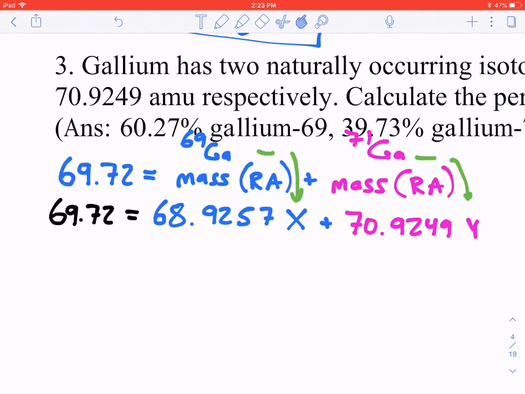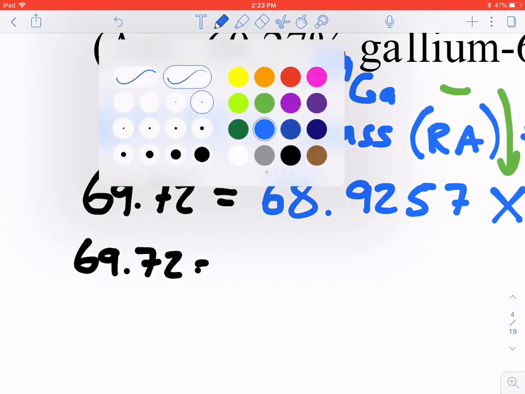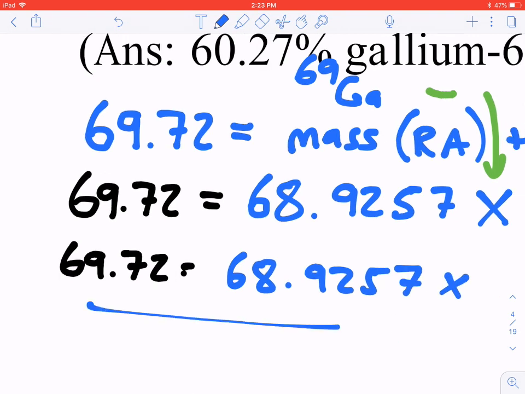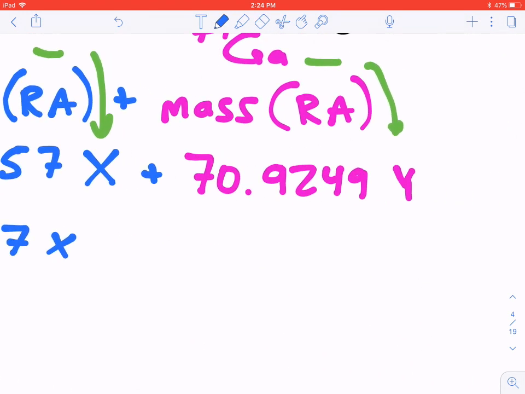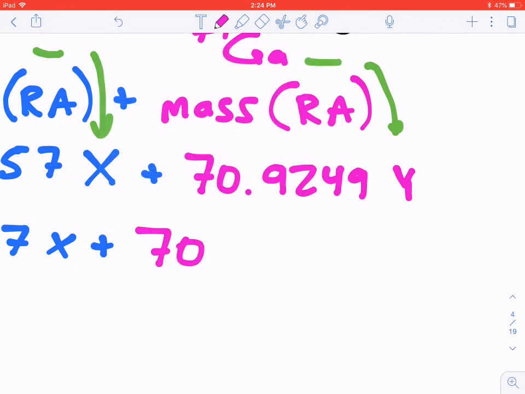So let's plug that in and see where we go, right? If I plug that in for y, let's just rewrite everything. So we have 69.72 is equal to 68.9257 times x plus 70.9249 times what we just solved for as y, which is 1 minus x.